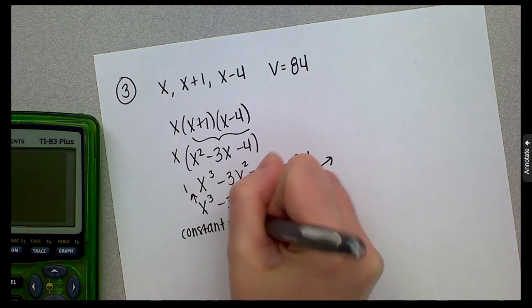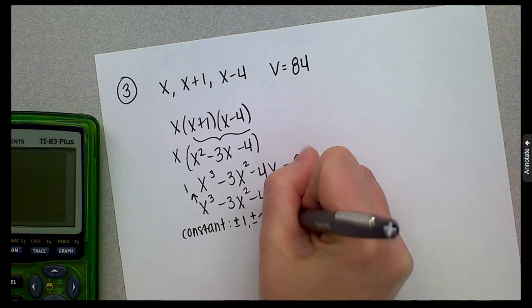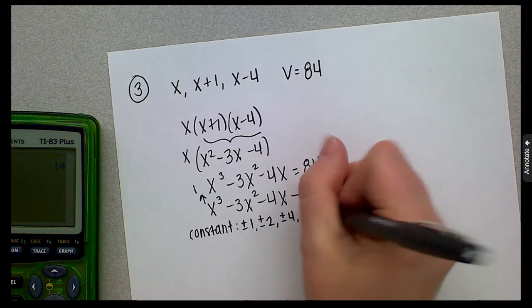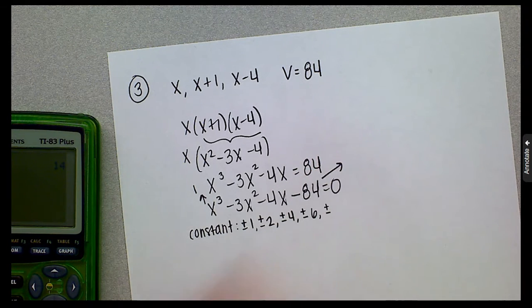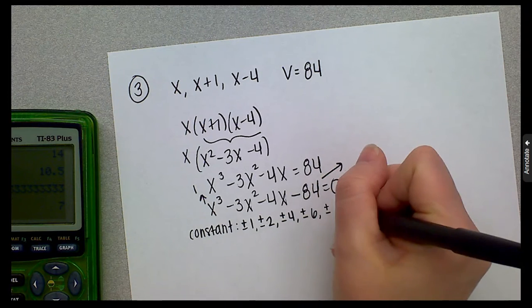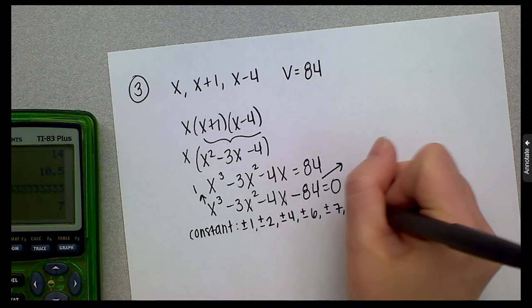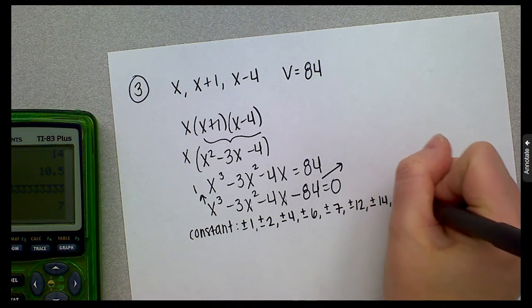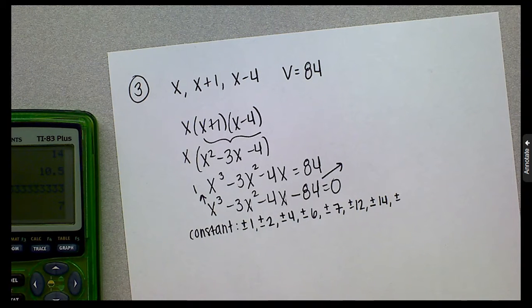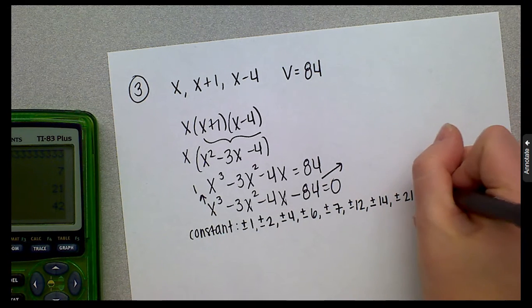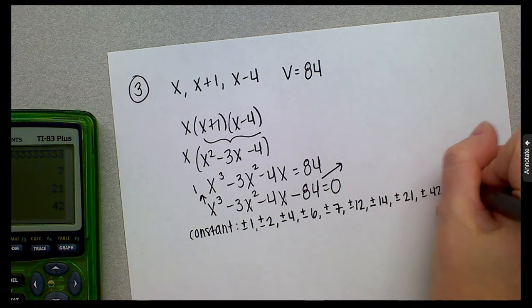Plus or minus 1, plus or minus 2, plus or minus 4, plus or minus 6, plus or minus 7, and then I think it's plus or minus 12, plus or minus 14, plus or minus 21, plus or minus 42, plus or minus 84.